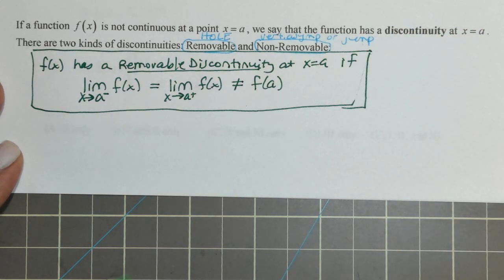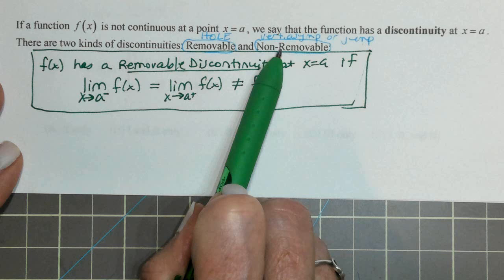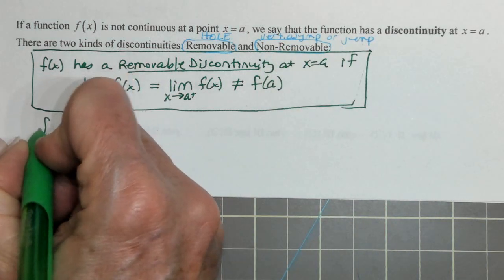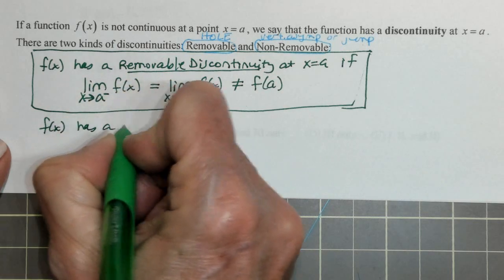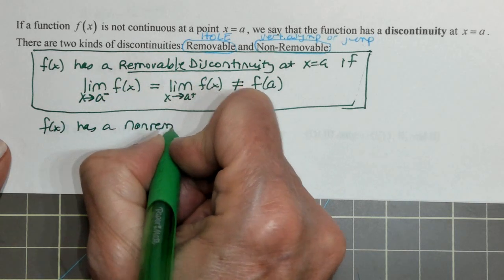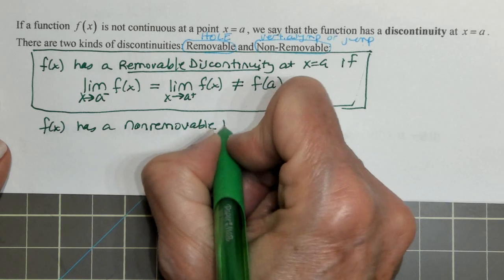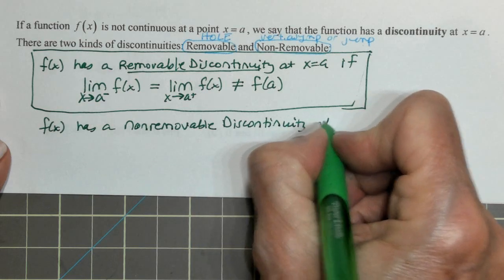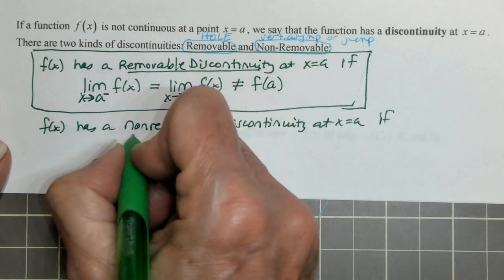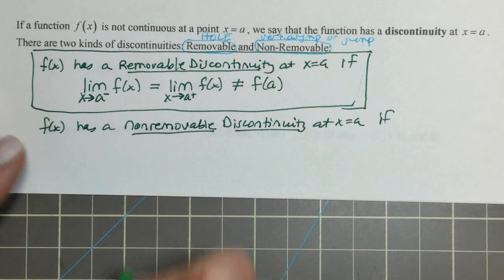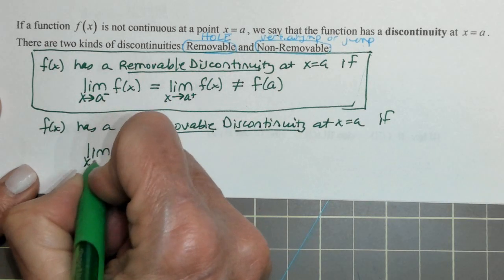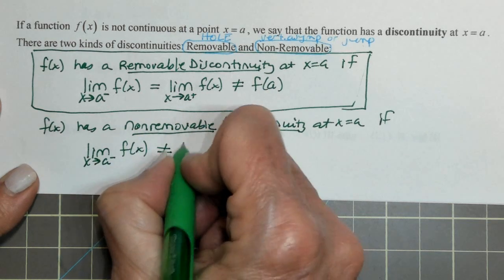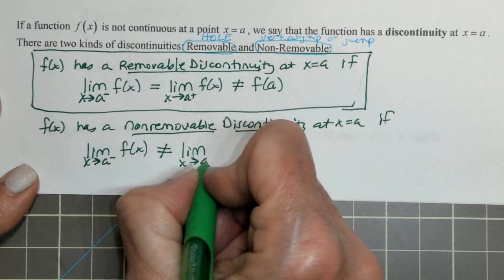All right. So, non-removable. How could we describe a jump or a vertical asymptote? f of x has a non-removable discontinuity at x equals a if the limit as x approaches a from the left is not even equal to the limit as x approaches a from the right.